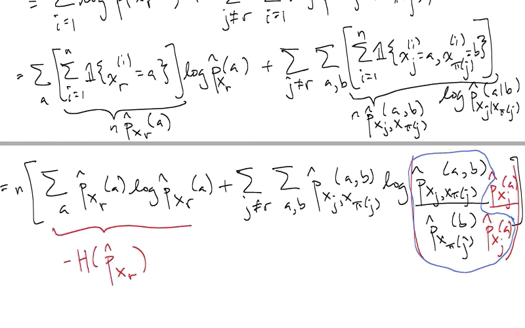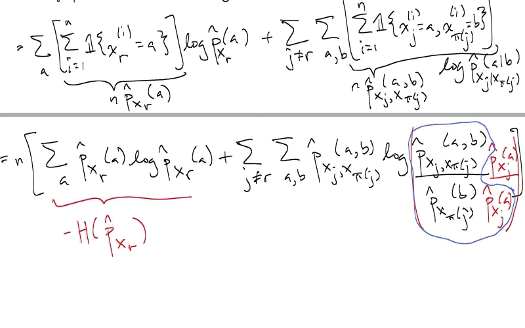Alright, so we're going to have this times log of this thing in blue plus this times log of just this piece here. And what that's going to look like is we're going to have sum over j not equal to r, so summing over a and b of this thing times log of this blue thing. If you look at that, you'll notice that that is an information divergence.